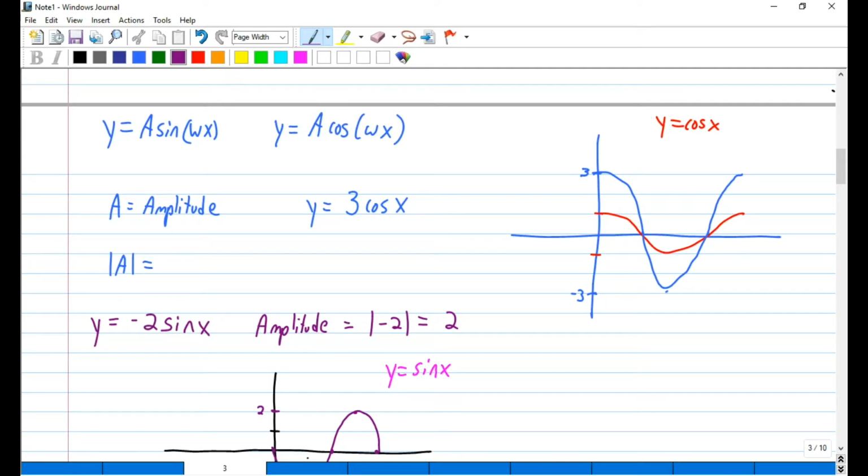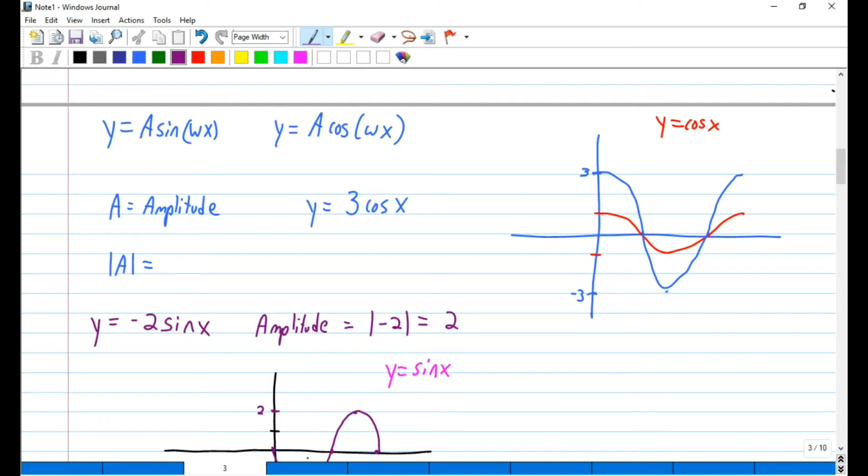When I say shrink or stretch, I guess I'm talking more about stretch or compress. So if the number in front of the x is greater than 1, then think about what you're doing to those values.